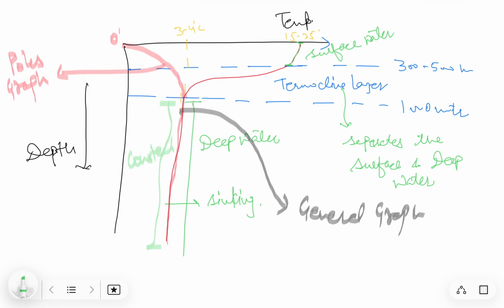We have a constant temperature, that is 3 to 4 degrees Celsius, either in the poles or in the tropical areas. Below a depth of 1 kilometer, the temperature will be 3 to 4 degrees Celsius.